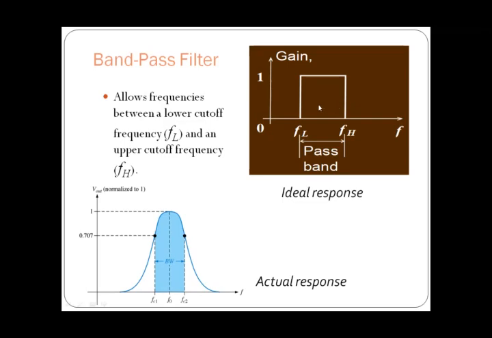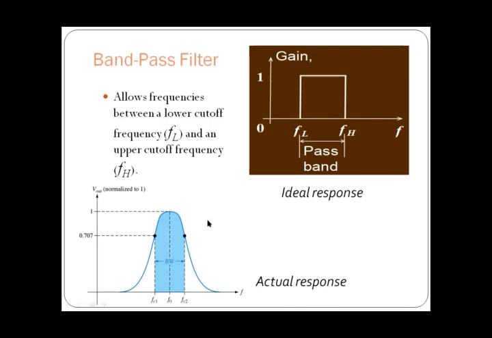If we consider a high pass in series with a low pass, then the response of the filter will be a band pass, which allows the frequencies between FL and FH. So the pass band is this, and all other frequencies will be rejected by this band pass filter.